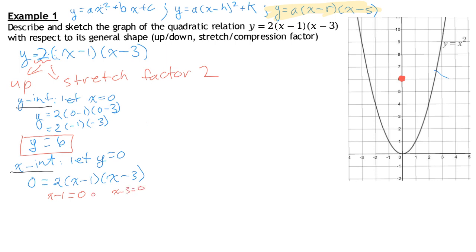So this is actually an OR statement: either x minus 1 equals 0 or x minus 3 equals 0. So we end up with x equals 1 being our x-intercept and x equals 3 being our other x-intercept. That's where we get the x-intercepts for our parabola when it's in intercept form.